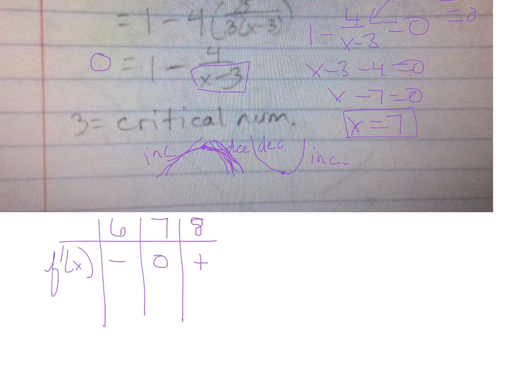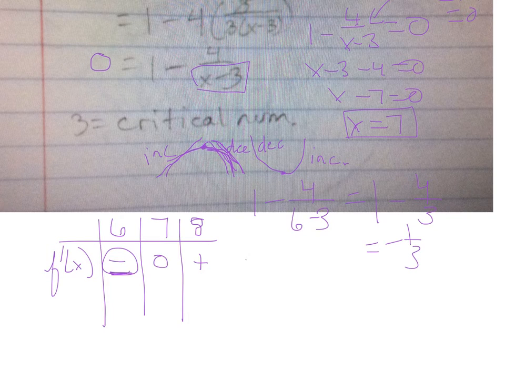If I put 6 in, I'm going to have 1 minus 4 over 6 minus 3, which is 1 minus 4 over 3, so it's 1 minus 4 thirds, which is negative 1 third. That's how I got the negative here. Okay, and if you put 8 in, you'll get a positive value. So that tells us where the function is increasing and decreasing.